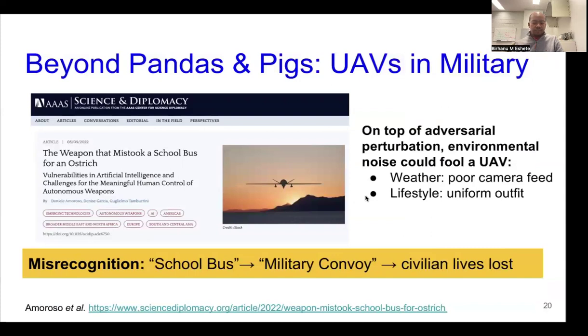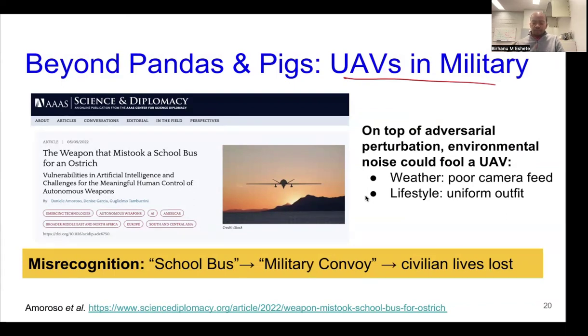And the last example I want to give you on the serious implications of adversarial examples is when unmanned autonomous vehicles are used in military operations. In military operations, you have to rely on drones and the camera feeds coming from drones or UAVs to make decisions as to the military actions that you take. For example, you want to drop a bomb or shoot a target.